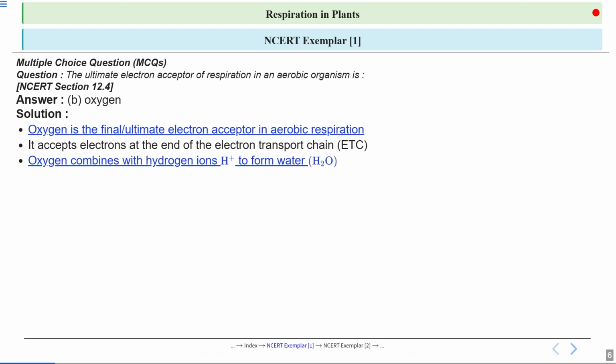Once oxygen accepts the electrons, it combines with hydrogen ions to form water, that is H2O. All of this process takes place in the inner membrane of mitochondria. This is where the electron transport chain is located and where most of the cell's energy is produced.